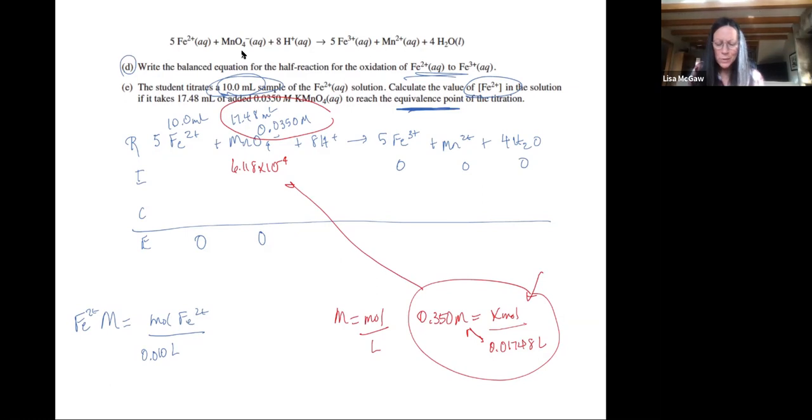But now we have to figure out how much iron it would take to use up all of that, because I know I'm going to use all of this one. So how much iron is it going to take? It's going to take 5 times as much. For every 1 permanganate ion, it takes me 5 iron 2s. So 5 times as much of that.